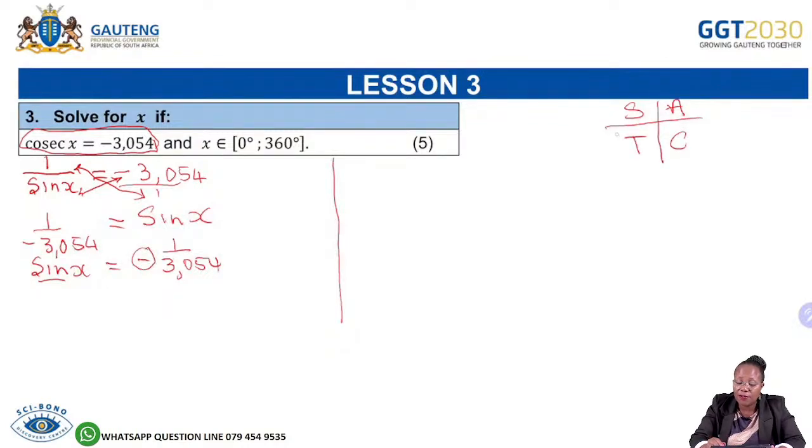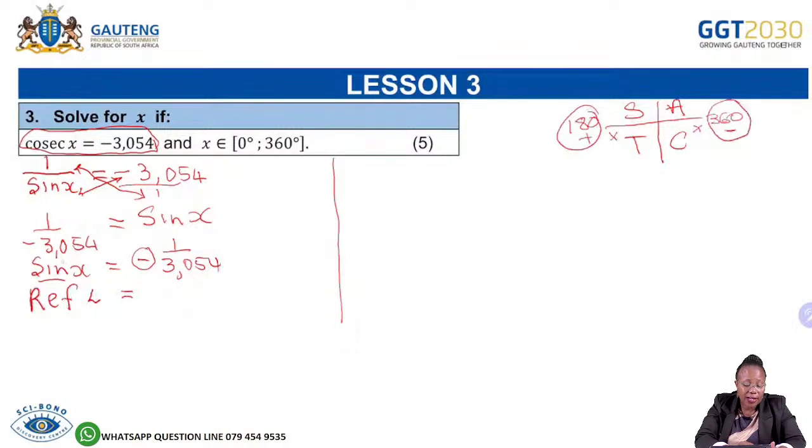Sine is negative in quadrants 3 and 4. What is the reduction in quadrant 3? 180 plus. In quadrant 4, 360 minus. We will be using this information now in order to solve for this x value. So now we start by looking at the reference angle. We are not yet solving.